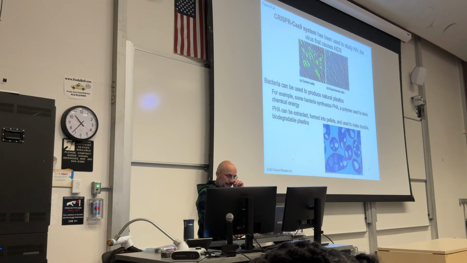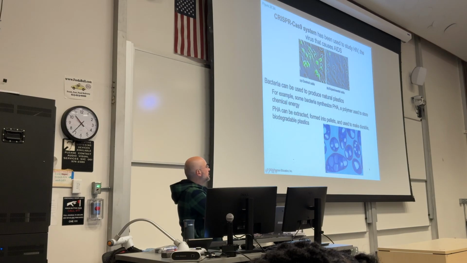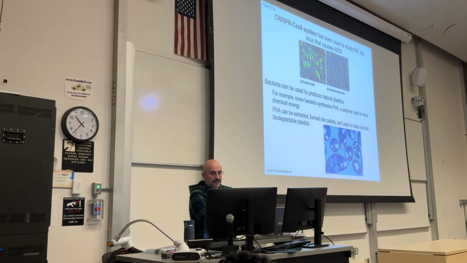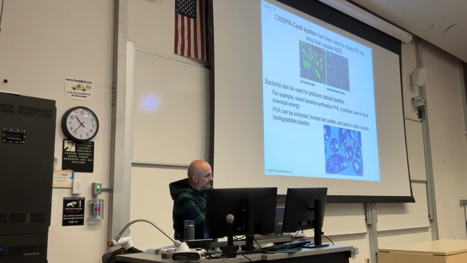All right. This system that we just discussed, CRISPR-Cas9, has been very useful to do further study in AIDS, in the HIV virus. Other applications from prokaryotes are in the production of materials that we use for everyday things, like plastics.